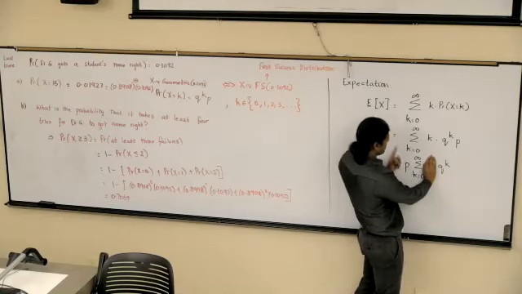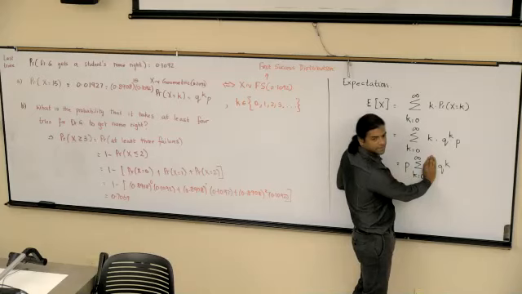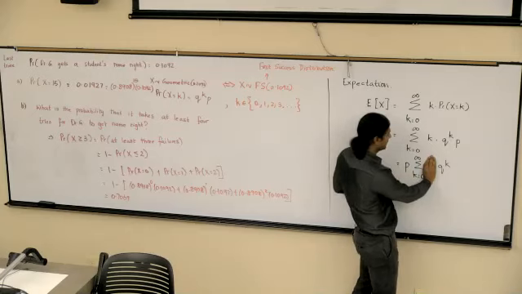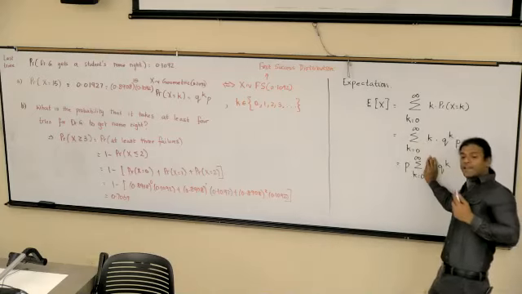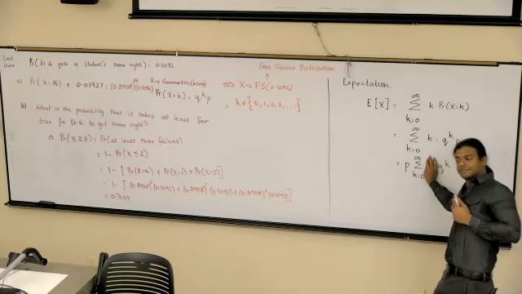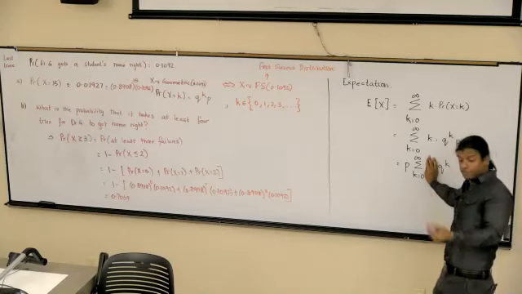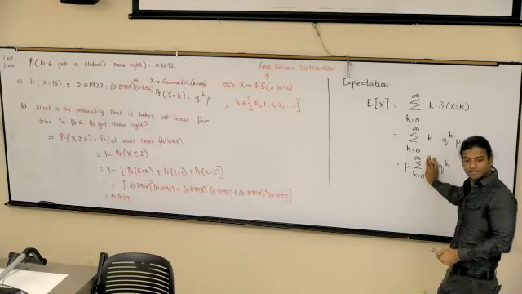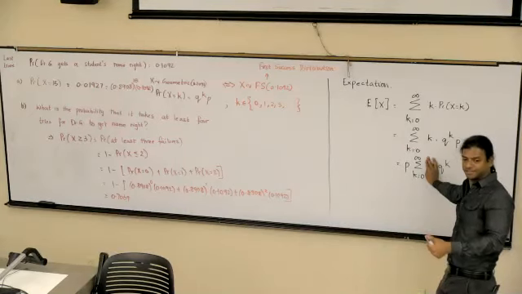Geometric. And if I sum from 0 to infinity, all I'm trying to find is the sum of a geometric series, which we know, right? Do we? We did this last time.